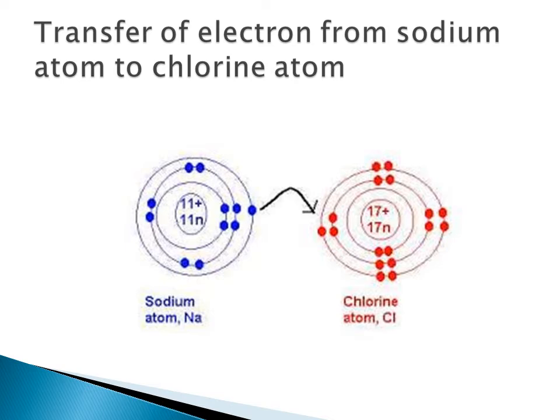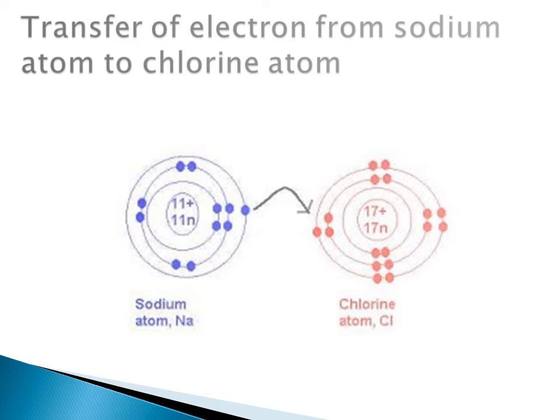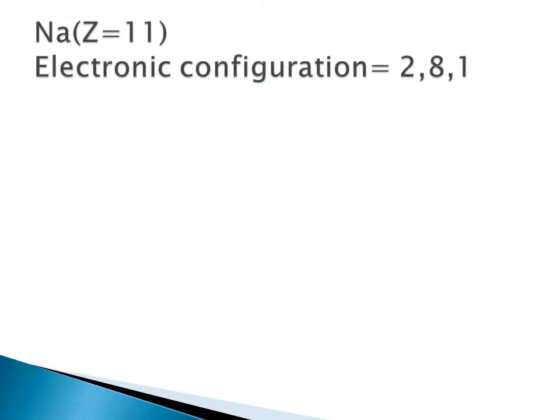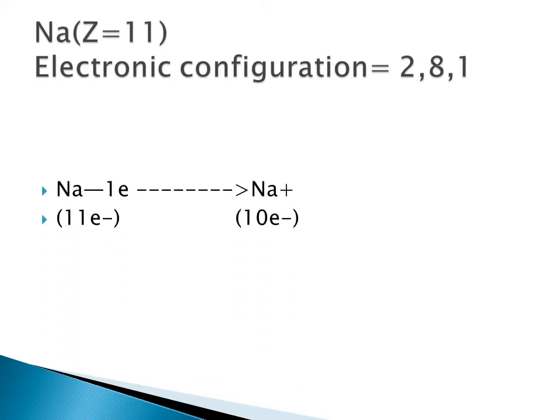The diagram clearly shows the transfer of electron from sodium atom to chlorine atom. Sodium atom is no more electrically neutral. It has 11 protons in its nucleus but only 10 electrons revolving around it.